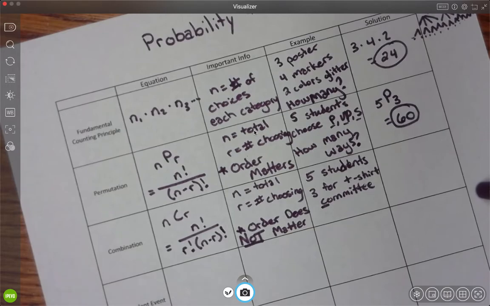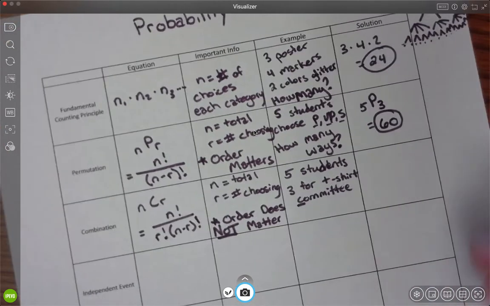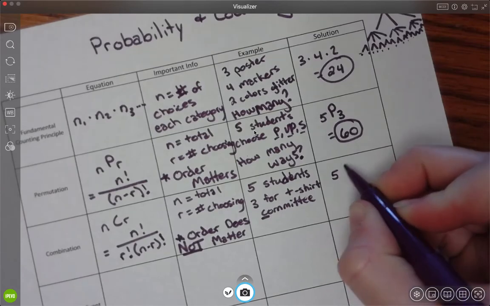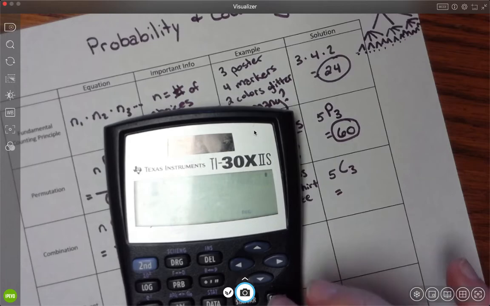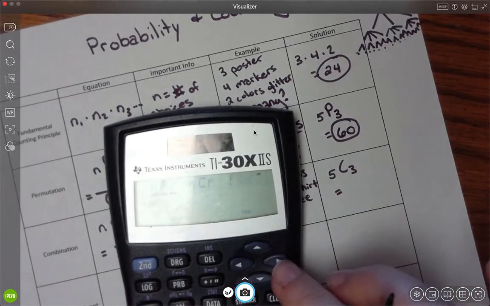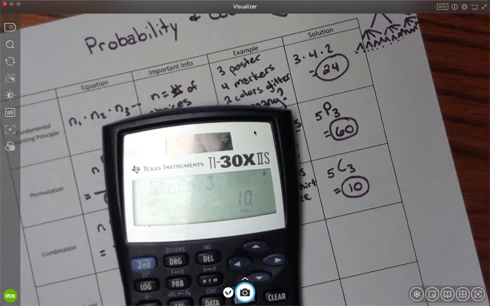So I have to divide out those combinations where they're in a different order, but they're using the same 3 people. So in that case, this is going to be 5C3, and I would have only 10 combinations in that case because we're dividing out the number of repeats that we have.